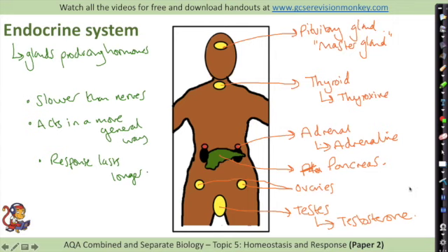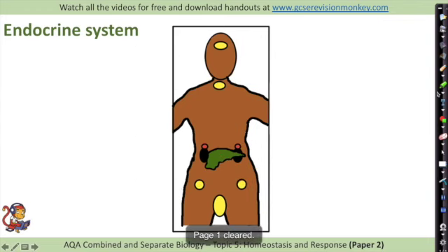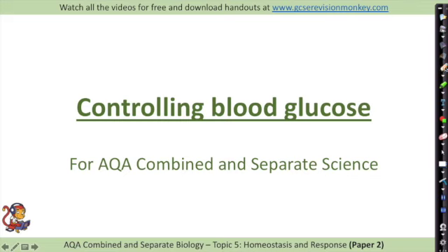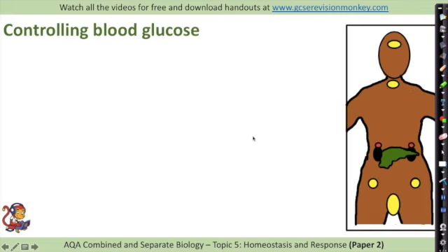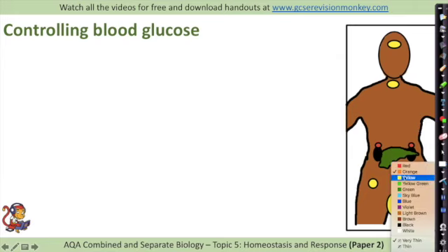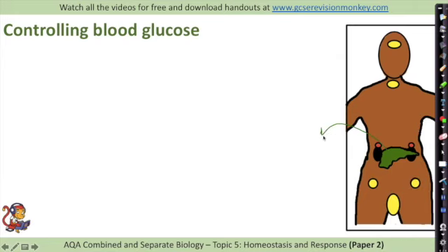We're going to look now at the pancreas in a little bit more detail, because we're going to talk about one of the things that's important in homeostasis, which is controlling the blood sugar levels. So the pancreas is involved in controlling blood sugar levels because it produces a hormone called insulin.